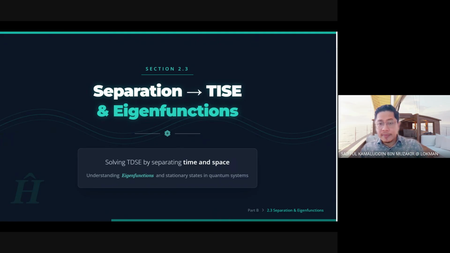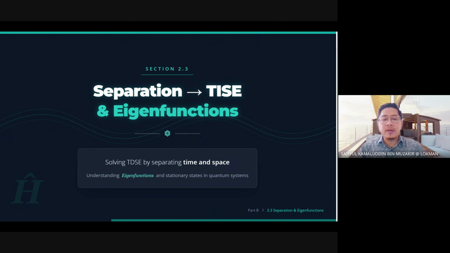In this case, we can separate the problem into the spatial part, which means the part of the equation which discusses about space, ruang. So in TISE, we separate the equations into spatial part and time part.